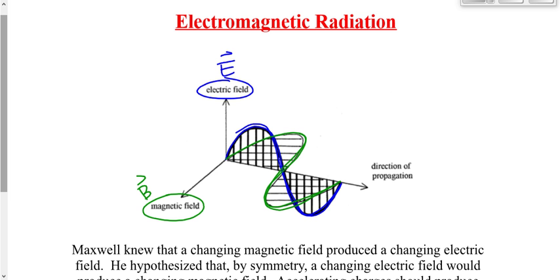So what you get over here is the source of this electromagnetic radiation, the source of this energy, which is actually an accelerating charged particle generating a changing electric and magnetic field. This causes another changing electric and magnetic field over here, which causes another one over here, which causes another one over here, and so on.